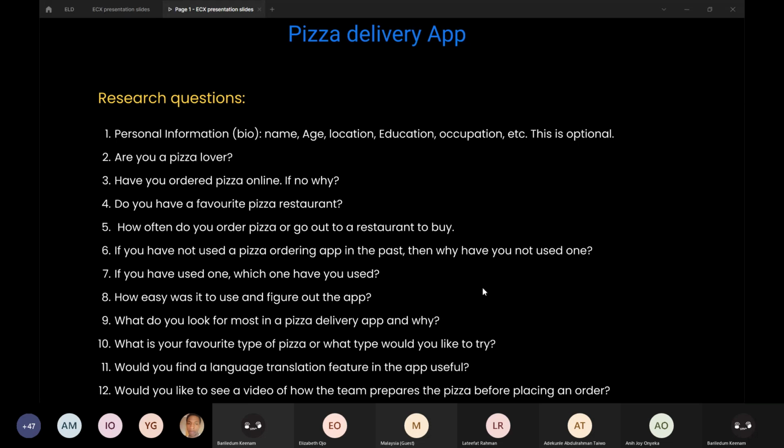Then we have, if you have not used a pizza ordering app in the past, why have you not used one? Some people are just technologically excluded because they don't really use these tech products. Some people don't use Android phones, they use the normal phone.